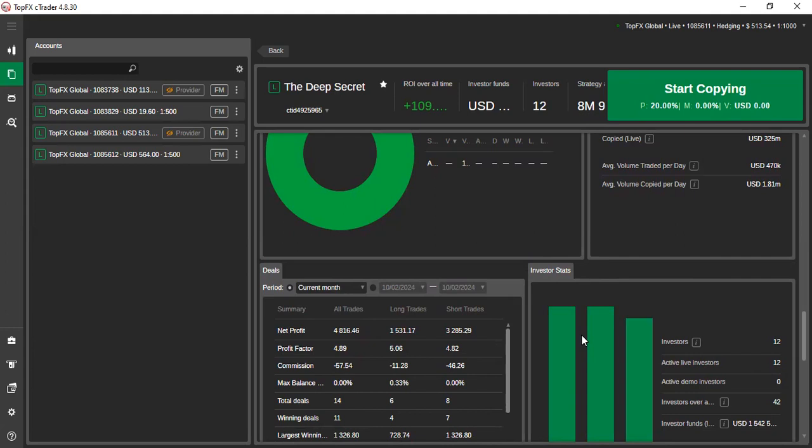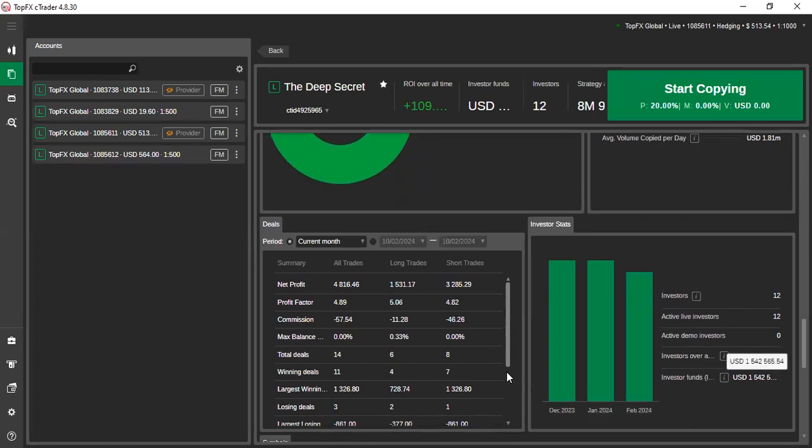So now, this person has a total of 9 investors. And active live investors, sorry, 12 rather. Over the period of, I think, less than 2 years, let me just say 1.5, there has been a total of 42 copiers, and currently this trader has 12 investors copying, and the investors' funds right now is $1.5 million.